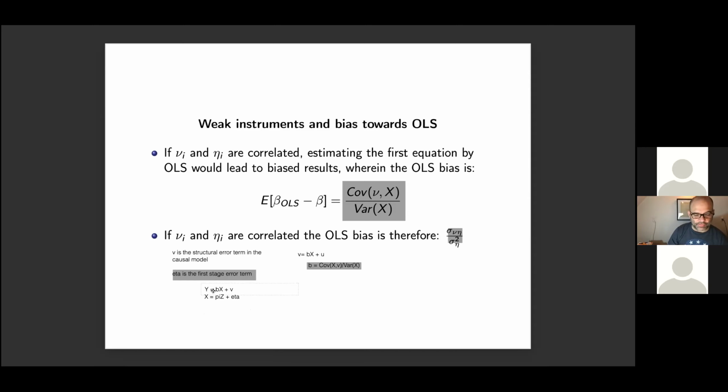Let me just get all this stuff in one place so I can summarize. If you run this regression, you're going to get a beta OLS.